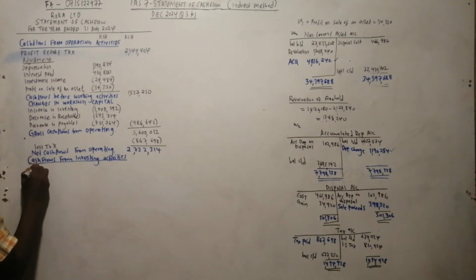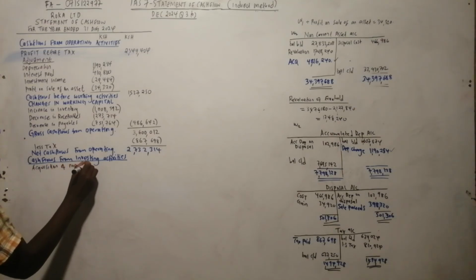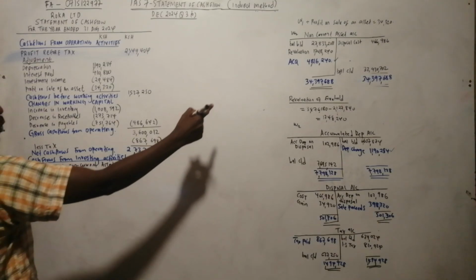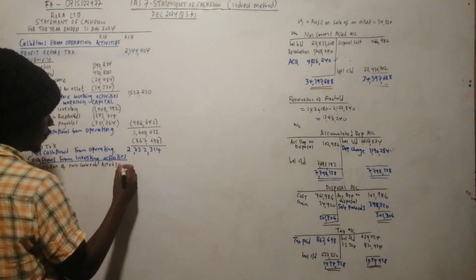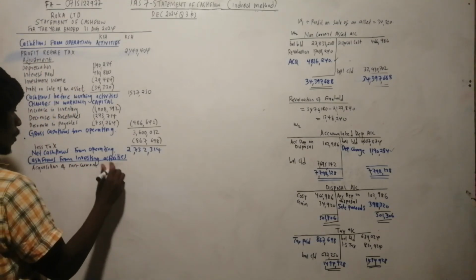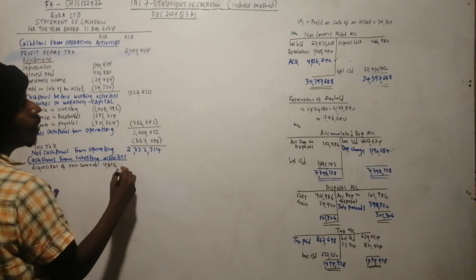So we say acquisition of non-current asset. Ndio huyu hapa 4816 to 40.